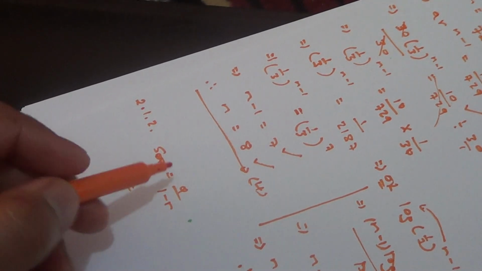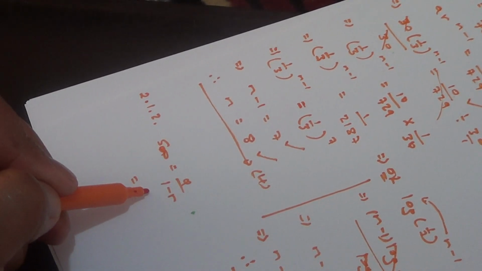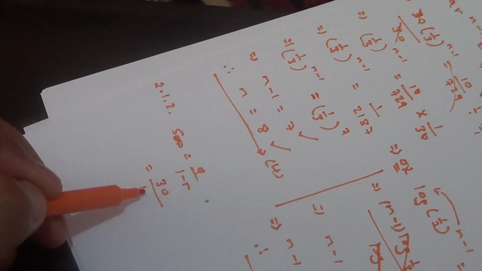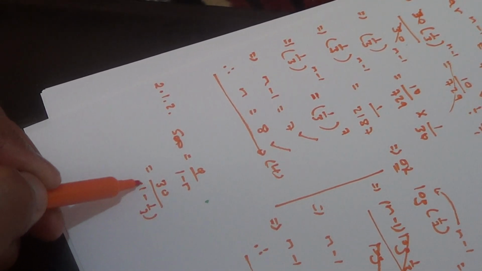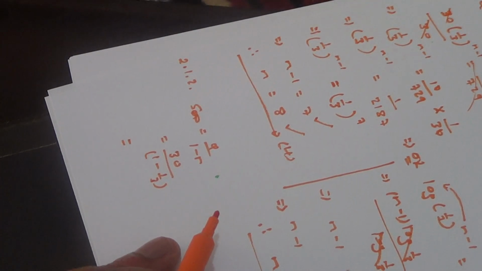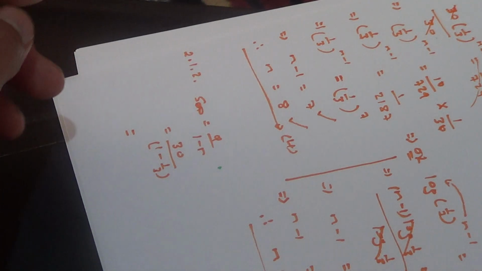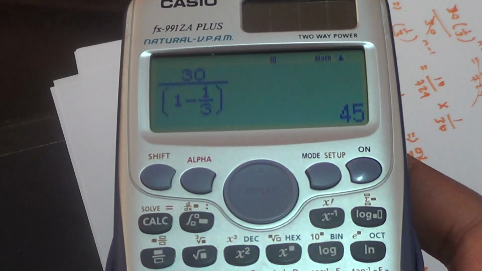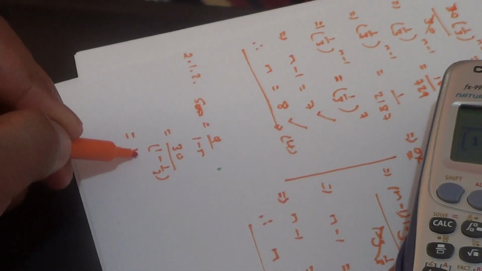Which will be equal to a, we got 30 over 1 minus a third. So this is easy. Here you just put into the formula what you have over there. You're not going to stress yourself by trying to imagine a lot of things. Sometimes reserve a bit of thinking for later. Okay, so I get 45.